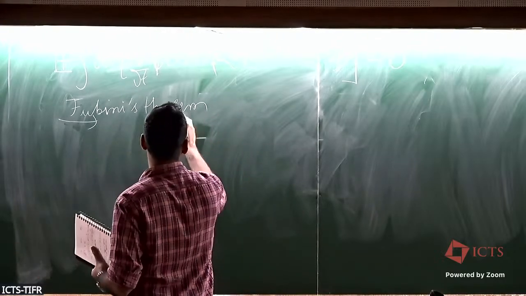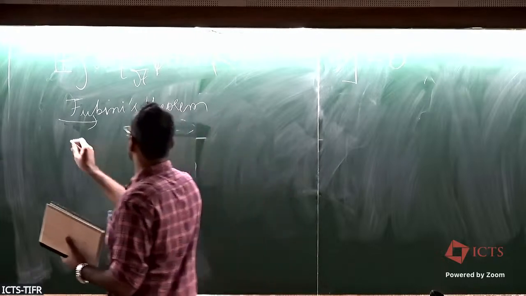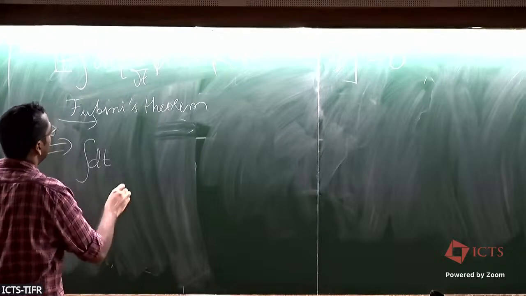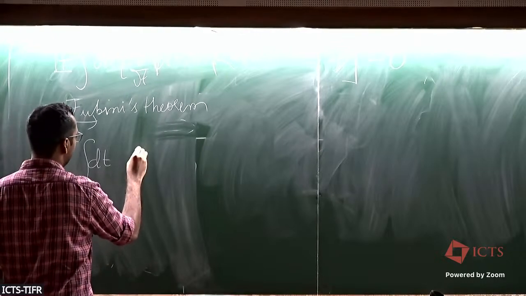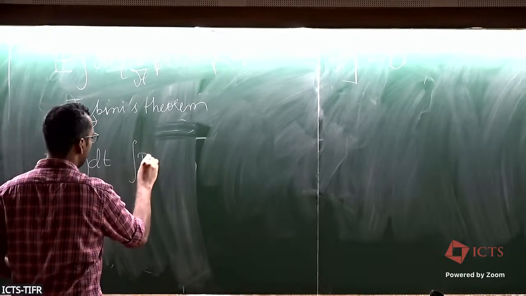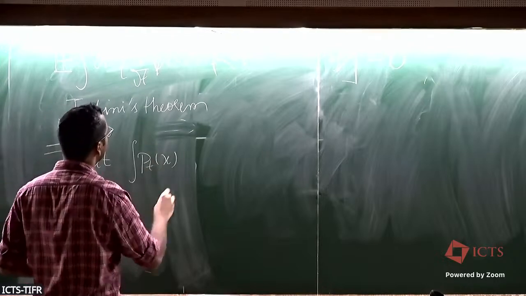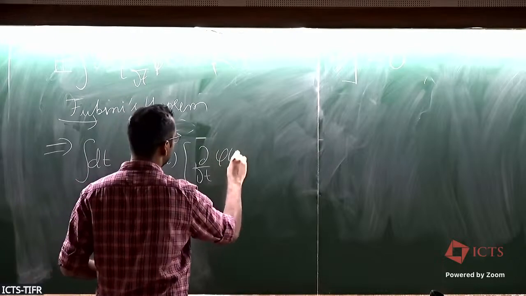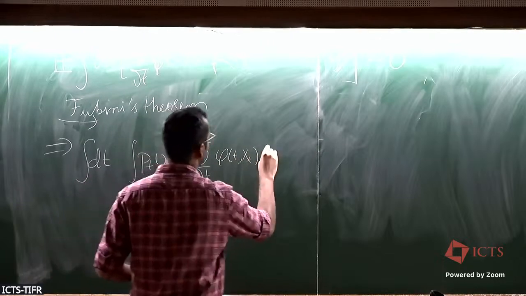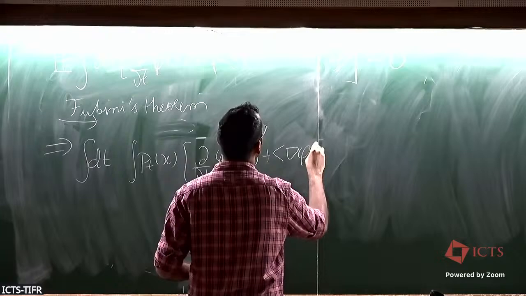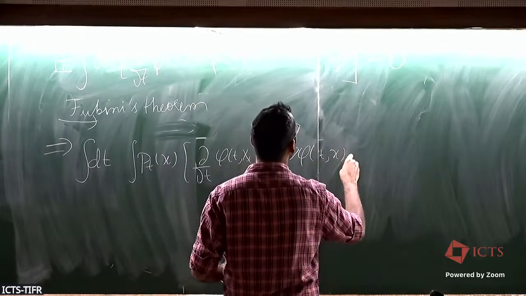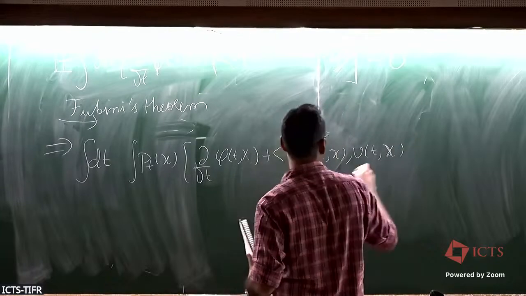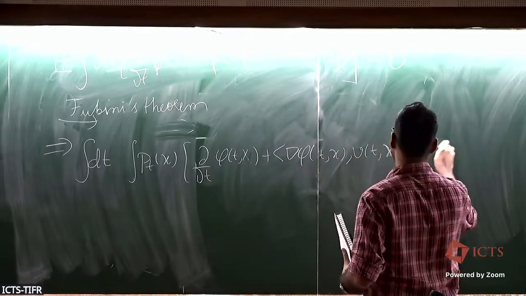implies the integral over dt, right, of the integral over pt of x of ∂/∂t φ(t, x) plus the gradient of φ(t, x) · v(t, x) is equal to 0.